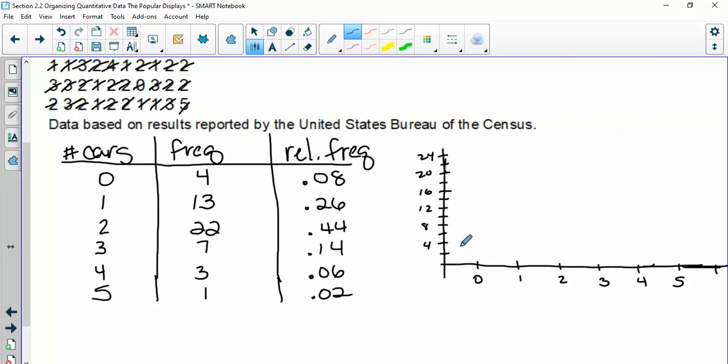So my first one, 0, I would draw a rectangle surrounding that 0. And then 1 had a frequency of 13, so all these are touching.